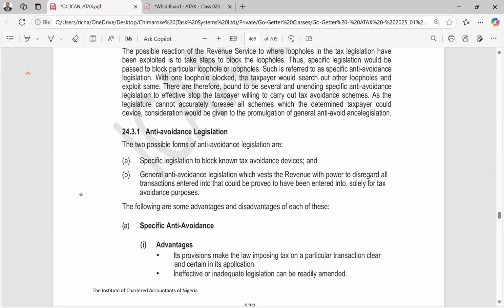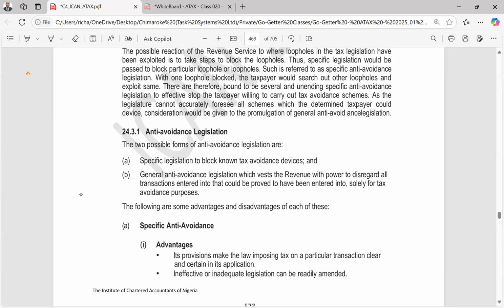It's just like a mouse. You know that there is a particular hole that this mouse is coming through. You block that hole, and it goes to dig another hole again. You block that. These are specific legislation to block any avoidance.